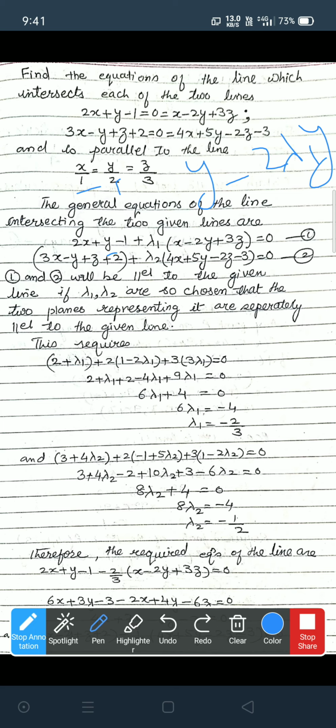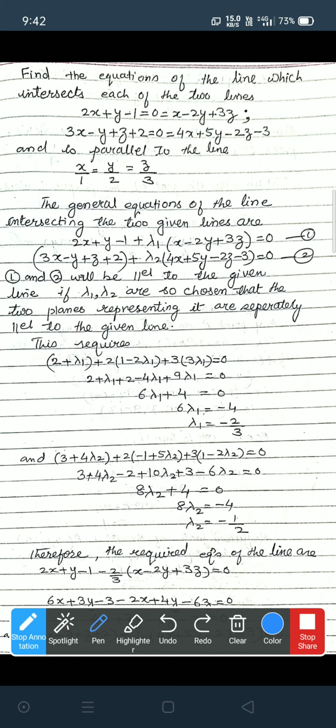If y is common, we get 1 minus 2 lambda 1. Plus 3 into the coefficient of z, which is only lambda 1 here, so 3 lambda 1, equals 0.